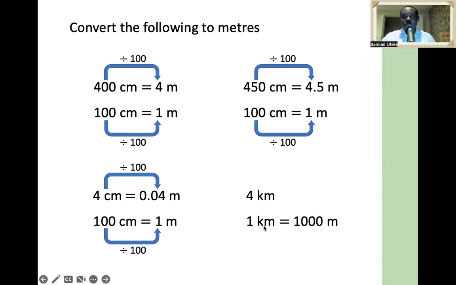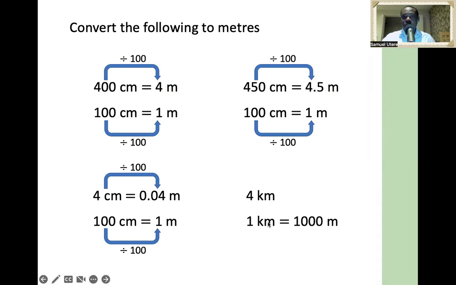Okay, it means the same thing, right? I didn't have to write 1000 meter here. I had to write 1 kilometer is equal to 1000 meter and make it correspond or line up with the unit I want to convert from, which is 4 kilometer.